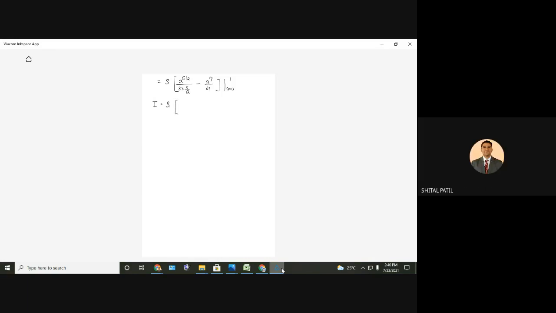So it is simply 2 by 15 and x is 1, minus 1 upon 21. What is the LCM of 15 and 21?